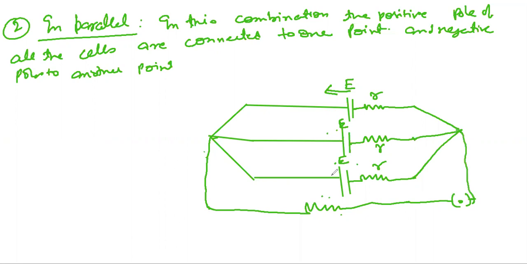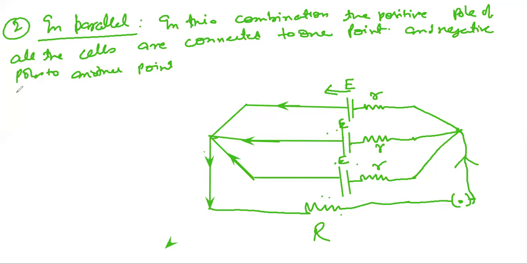This is a diagram, you should draw it. This is the external resistance R. Have you drawn the diagram? Yes, sir. First, you see, the internal resistance of the cells will be in parallel.